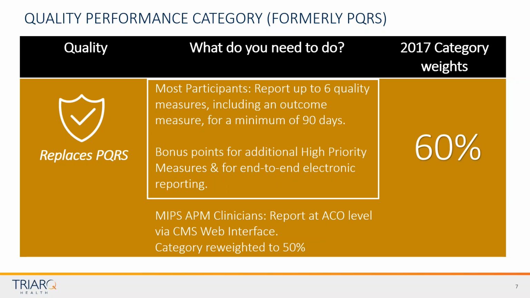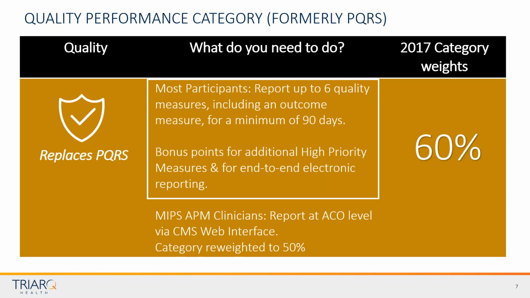As with PQRS, you do still have the option for claims-based reporting, registry-based reporting to satisfy the quality performance category, but you would not earn those extra bonus points. This category is worth 60 points. It's 60% of your MIPS composite score.